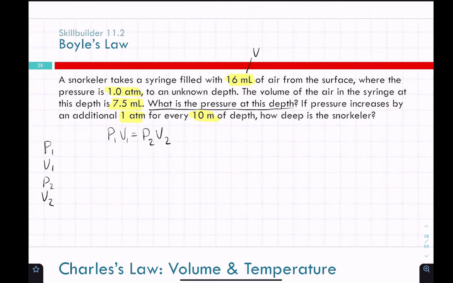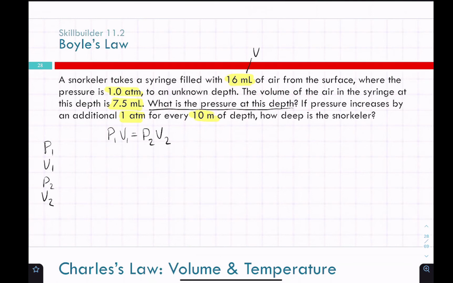Well, we've got two volumes and two pressures, but is this pressure actually related to Boyle's law? Because what we're trying to find is the pressure at this depth. Okay, so let's pretend we don't have that yet. Right, exactly. So don't worry about this section yet. You don't want to plug that 1 atmosphere in.